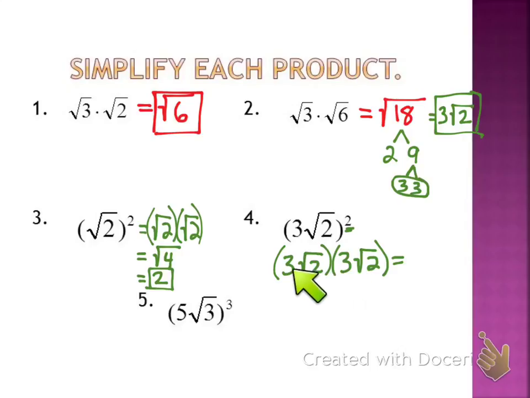Multiplying. So just multiply the numbers outside with the numbers outside. What do I have on the outside? 9. What do I have on the inside? 4. And what's the square root of 4? And what's 9 times 2? 18. Your answer here is 18. No square root. Once you took the square root of 4, it became a regular old 2, and then you multiply them.